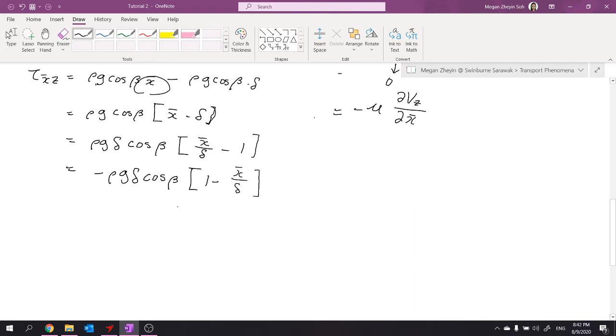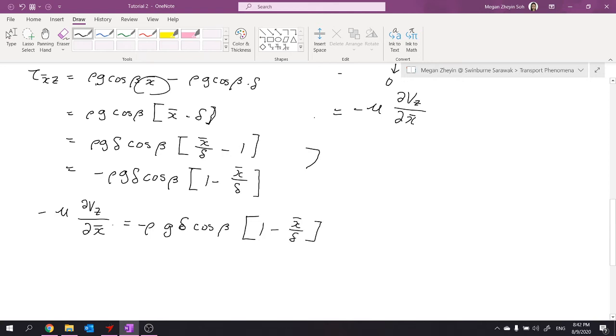That gives us negative mu dvz over dx bar equals negative rho g delta cos beta multiplied by 1 minus x bar over delta.